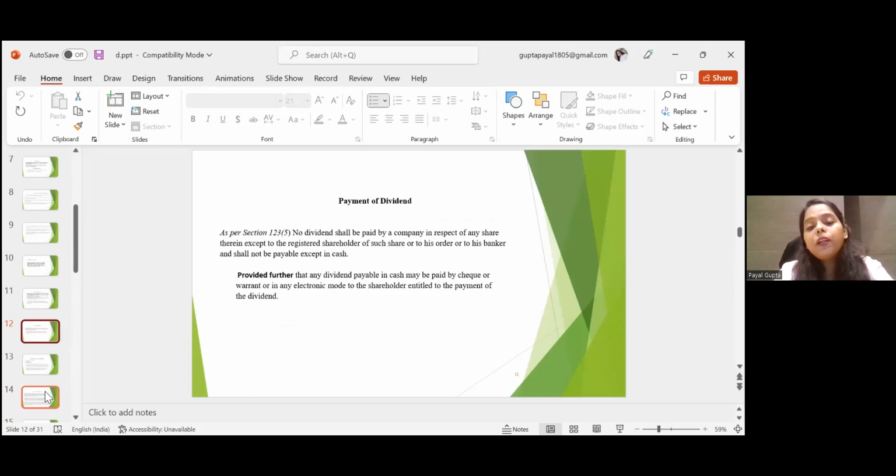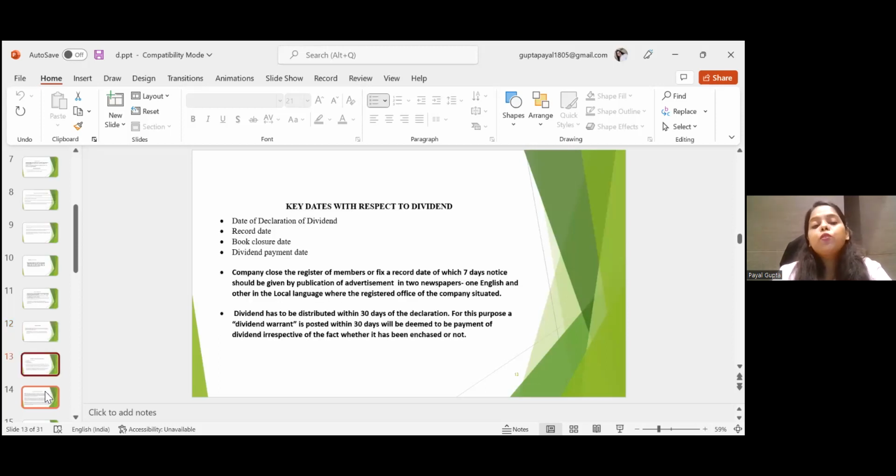Then any dividend payable in cash may be paid by check or warrant or electronic mode to the shareholder entitled to the payment of dividend. इन 3 basis पे ही आप dividend को pay कर सकते हो, that is cash, by check, by dividend warrant or any electronic mode, that is EFT.